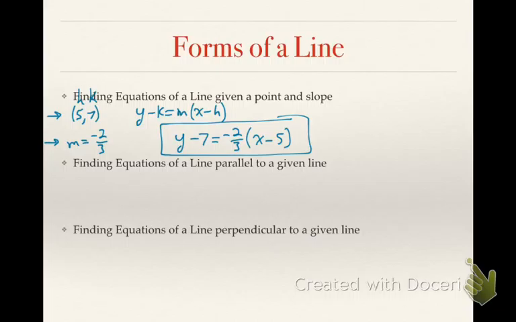Now you may be asked to find the equation of a line parallel to a given line or perpendicular to a given line. What you really need to know is the slope of the original line, for both a parallel relationship and a perpendicular relationship.